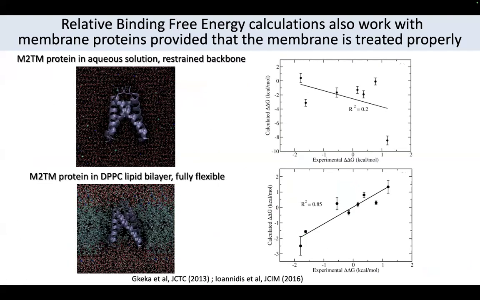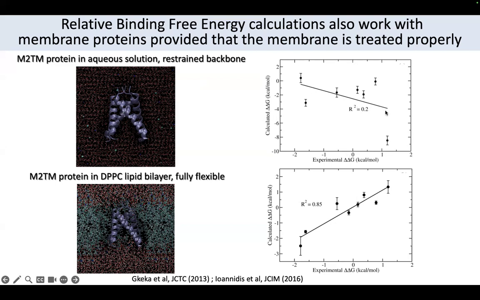It should also be noted that these calculations usually work with a native environment. We tried a transmembrane protein where we fixed the backbone and created a water box around it without the lipid bilayer, and the calculation failed to correlate experimental differences in free energy of binding with calculated differences in free energy of binding.